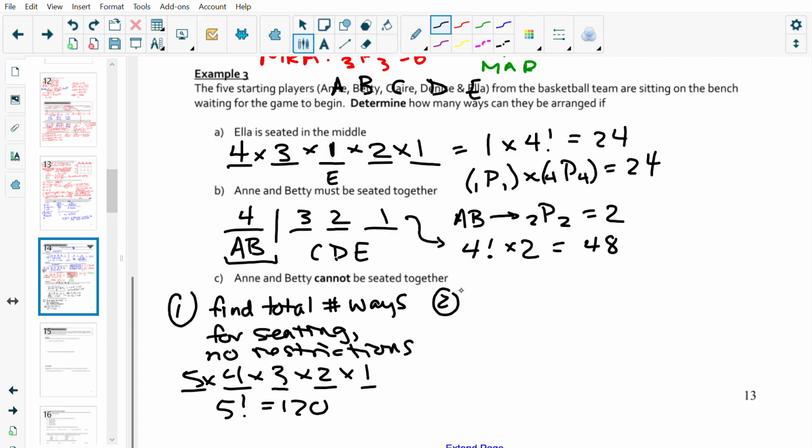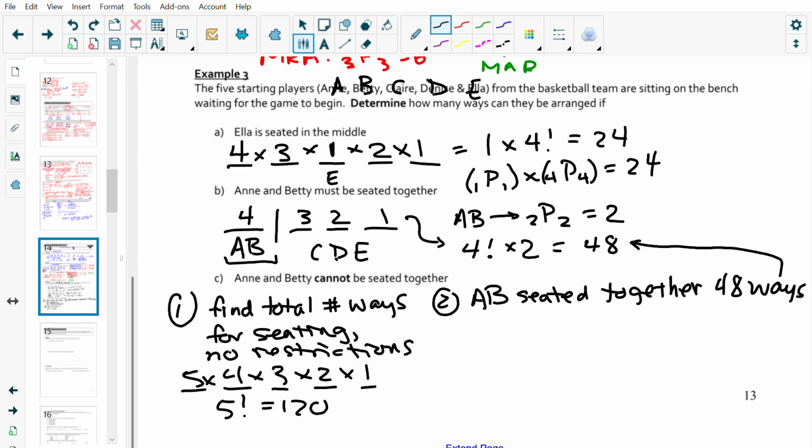Or just 5 factorial, that's 120 ways. Number 2, A and B seated together, 48 ways. We just calculated this, folks, right here, 48 ways.